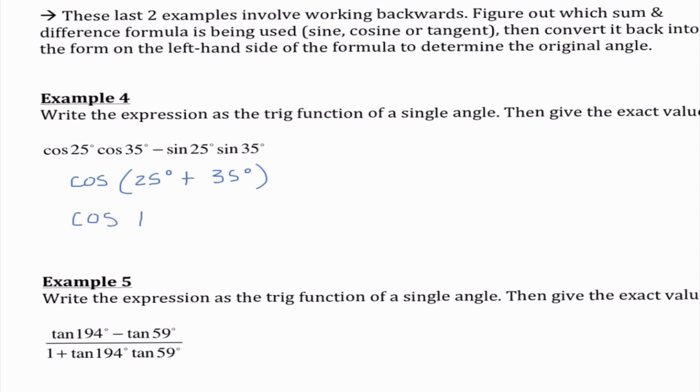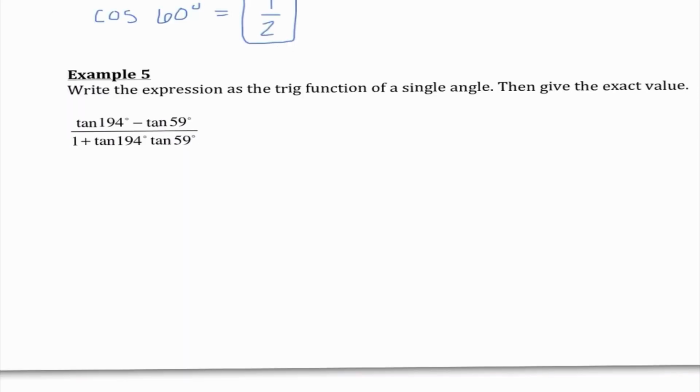So I get cosine of 60 degrees. At this point, I need to look and see, is there anything that I can actually do to simplify this further? And I know 60 degrees is a special angle, and in fact, the cosine of 60 degrees is 1/2. So my answer here is going to be 1/2.